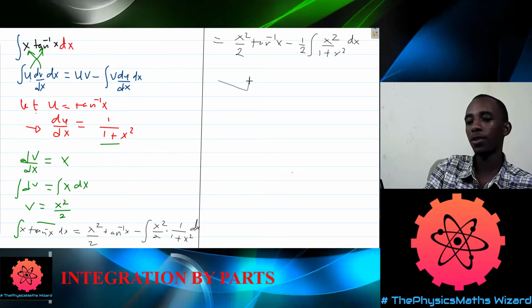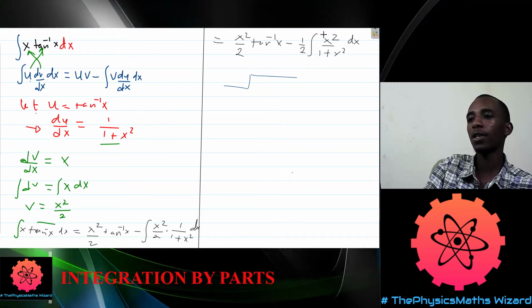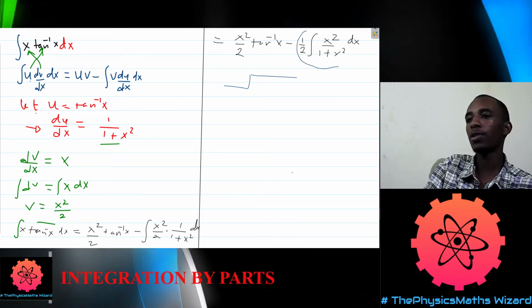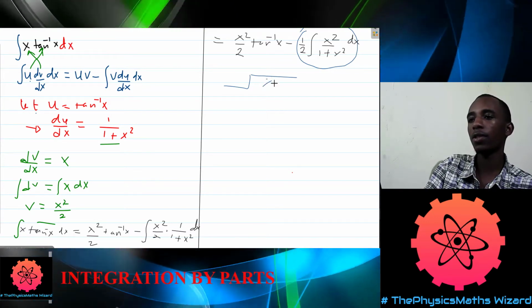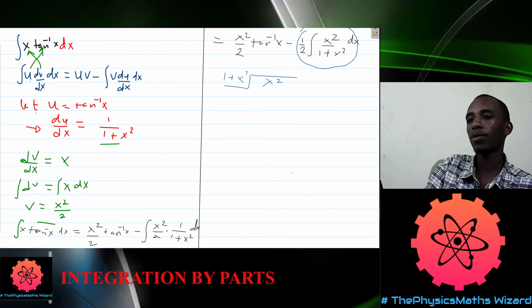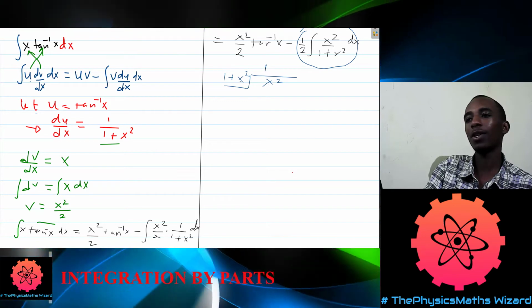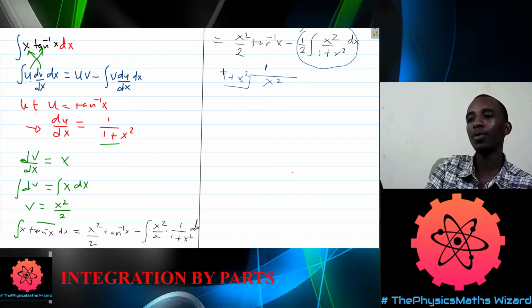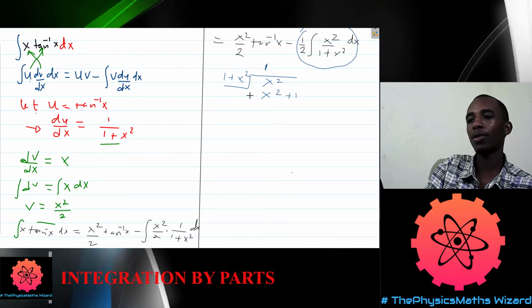Okay, so we'll divide this first. We are working on only this. So we have x squared. We divide that by 1 plus x squared. So x squared divided by x squared is 1. Then 1 times this, that's going to be x squared plus 1.